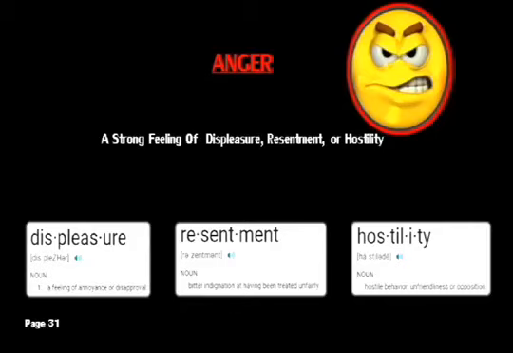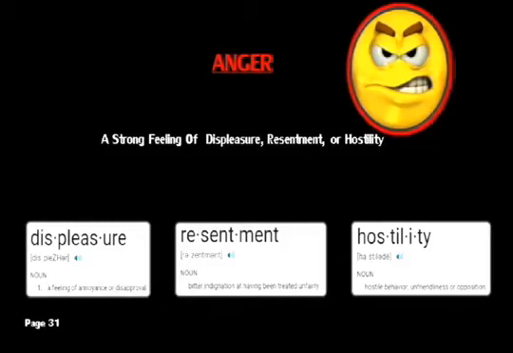It says, anger is a strong feeling of displeasure, resentment, or hostility. What we have here are some definitions, because we can't assume, again, you're dealing with junior high students. By the time they get to this book, they might be in the 8th grade.